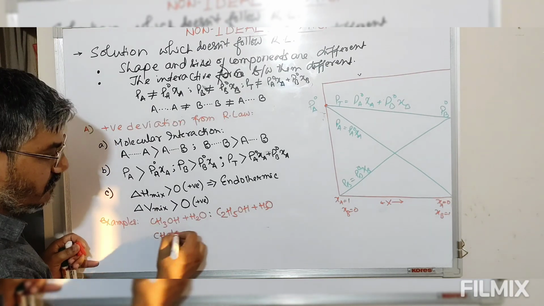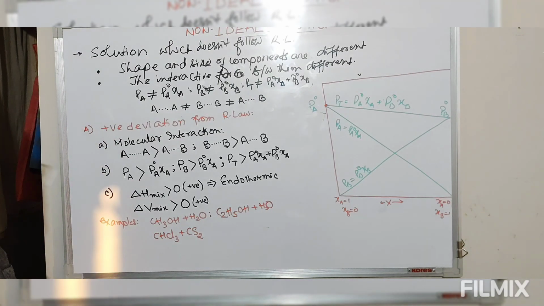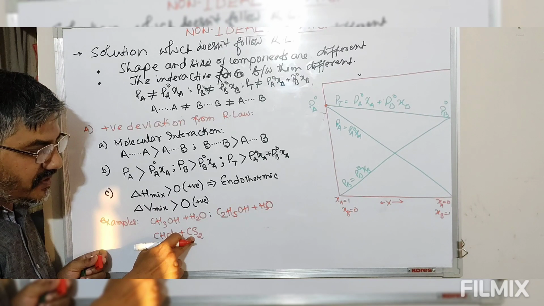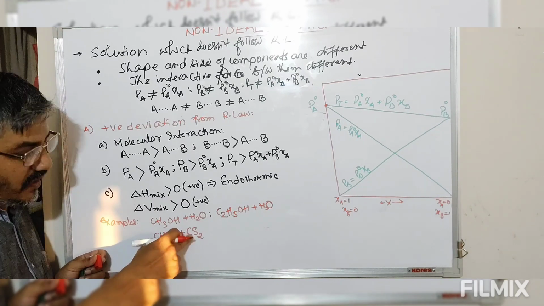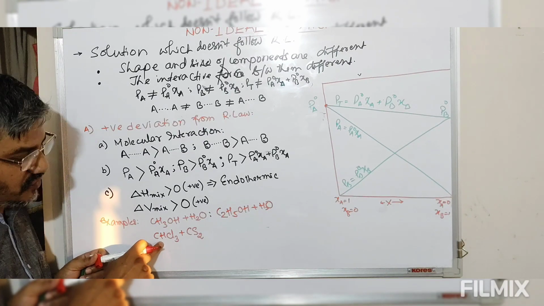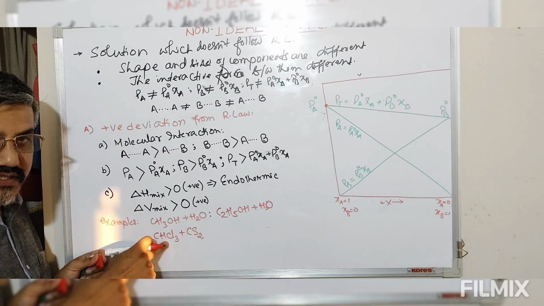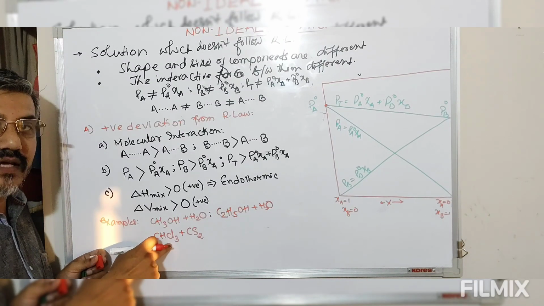CHCl3 chloroform and carbon disulfide. Carbon disulfide is nonpolar, so the force between the nonpolar molecules is van der Waals force or London dispersion force. Whereas in case of chloroform, because of electronegativity difference between carbon and chlorine, this molecule is a polar molecule. So we have an interaction that is polar dipole dipole interaction.